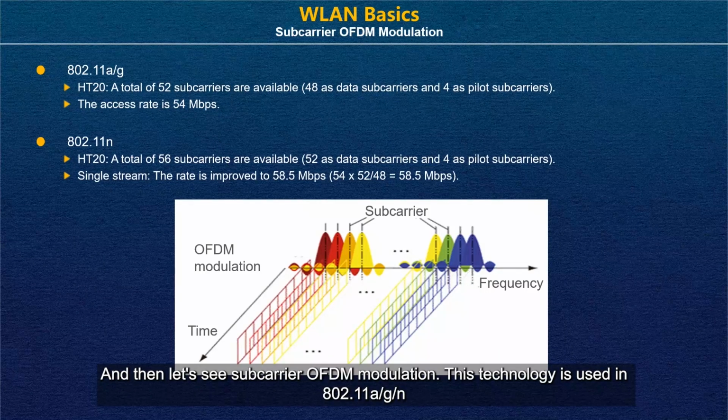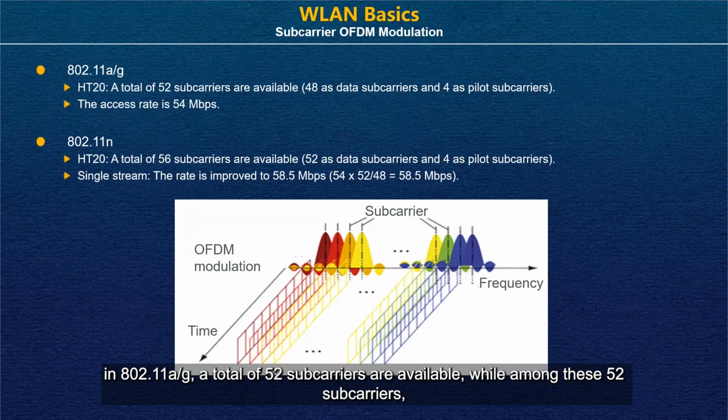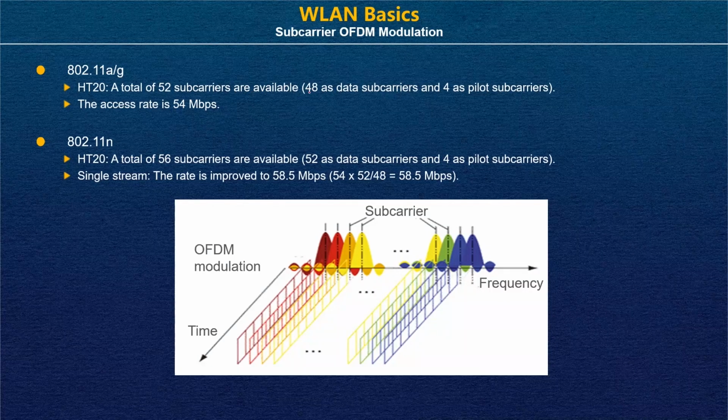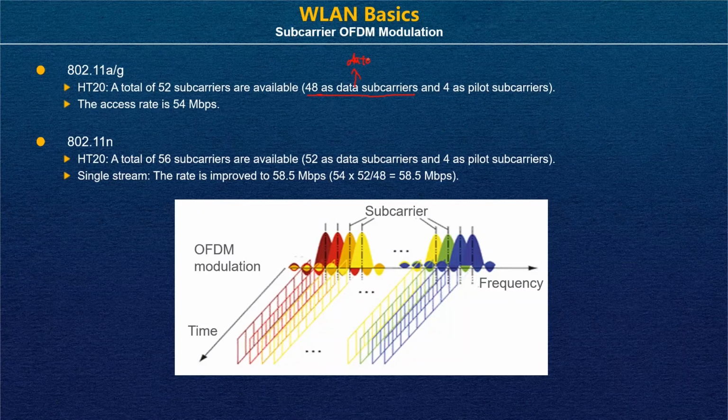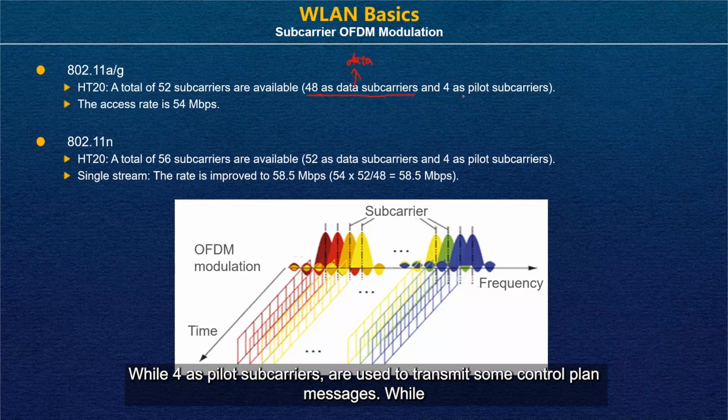Okay, and then let's see subcarrier OFDM modulation. This technology is used in 802.11a, 802.11g, and 802.11n. In 802.11a and g, a total of 52 subcarriers are available. Among these 52 subcarriers, 48 of them are data subcarriers, meaning 48 subcarriers are used to send the data, while 4 are payload subcarriers used to transmit some control plane messages.